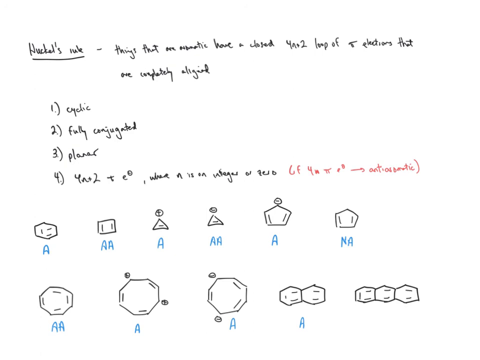This particular one has 14 pi electrons, and so it's going to be aromatic. And so these 4 factors, cyclic, fully conjugated, planar, and 4n plus 2 pi electrons, are easy to remember in determining whether something is aromatic or not.